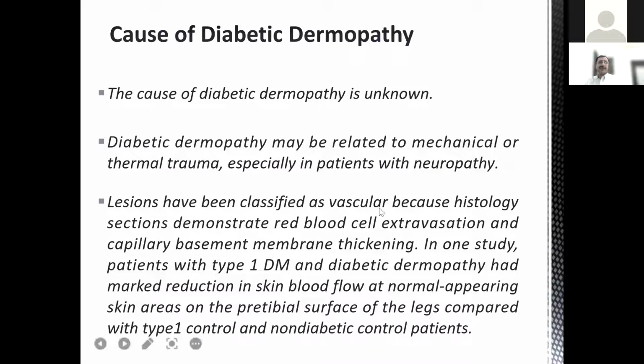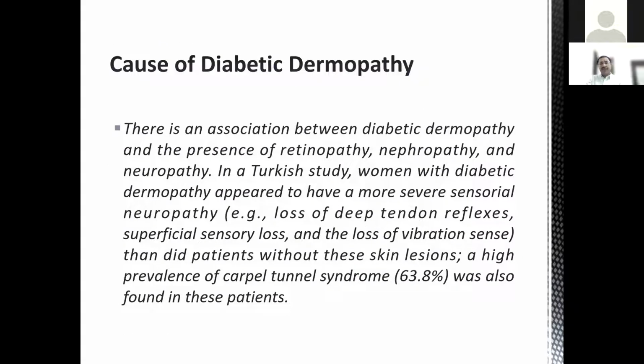So possibly these lesions are vascular, because there was a reduction in skin blood flow found in one of the studies. And there is an association between diabetic dermopathy and the presence of retinopathy, nephropathy, and neuropathy.